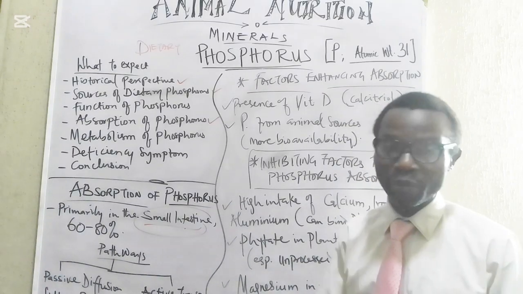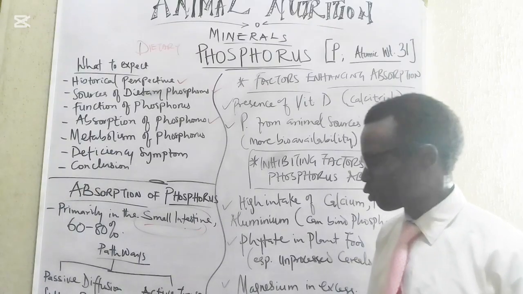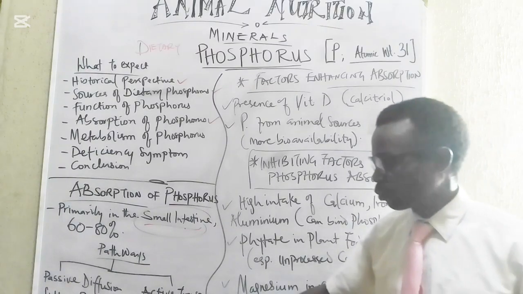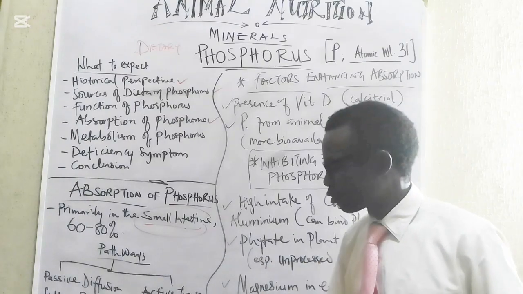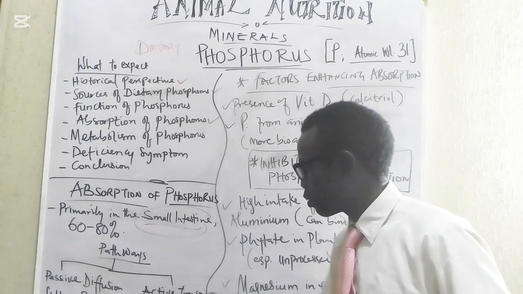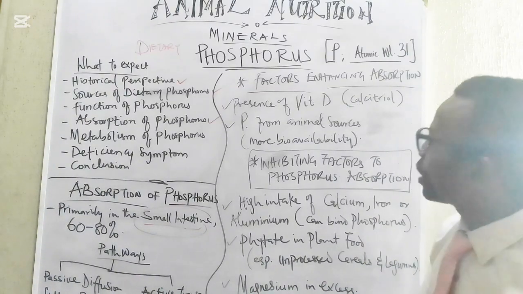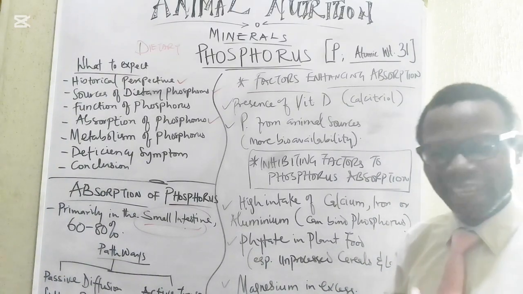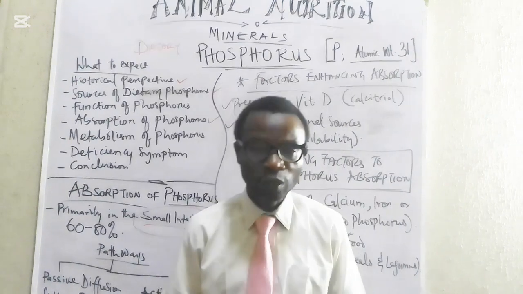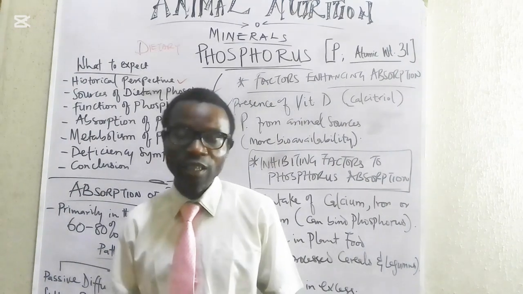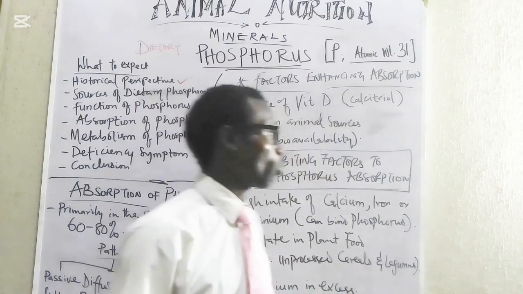The biochemical process will be touched maybe some other time, or we could discuss it when we're talking about vitamin D. So active transport usually occurs when we have low availability of phosphorus. Then we look at the factors that can enhance absorption, so that when these factors are in place, phosphorus absorption is enhanced or encouraged or made to occur properly.